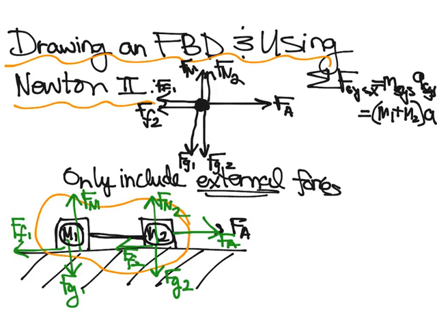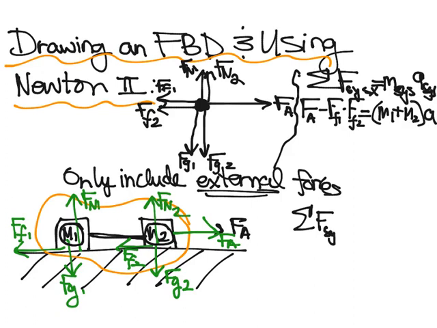So in the X direction, I have FA minus FF1 minus FF2, because those are to the left, equals M1 plus M2 times A. Up and down, I have sigma F system Y, because it's the up and down forces on the system, equal to the mass of the system times acceleration of the system.